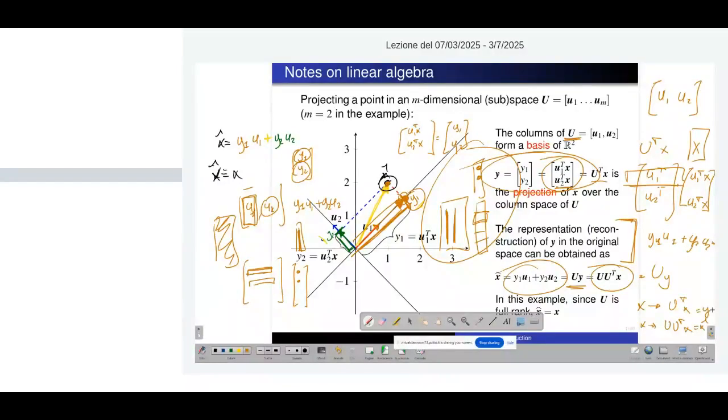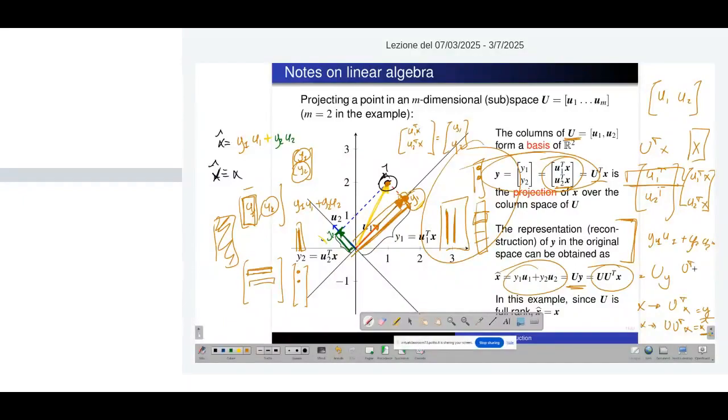The projected point is the projection of x expressed in the coordinate system defined by the basis matrix U, while the reconstruction corresponds to the same point but expressed in the original reference frame, so that it can directly be compared with the original sample x, because they are expressed in the same coordinate system. It's still the same point. y and x hat represent the same point, just expressed in different coordinate systems.